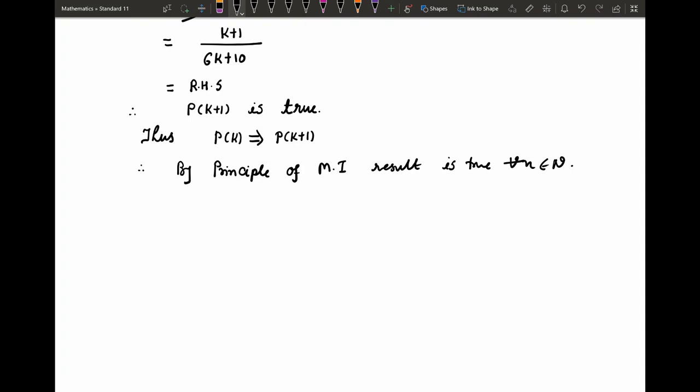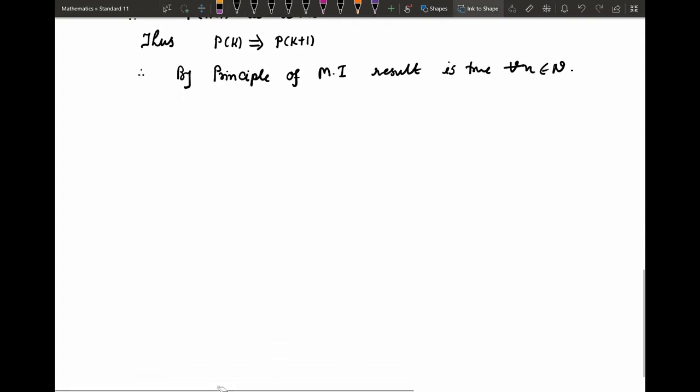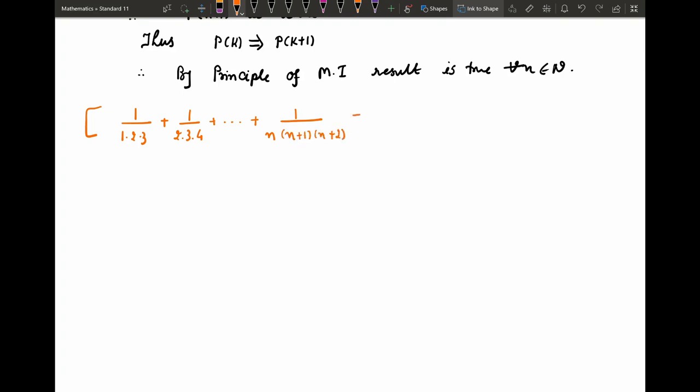We take next one. Using this principle of mathematical induction, you can prove example 1 upon 1 into 2 into 3 plus 1 upon 2 into 3 into 4 and so on up to 1 upon n into n plus 1 into n plus 2 equal to, by same method, by using principle of mathematical induction, you can prove this result.